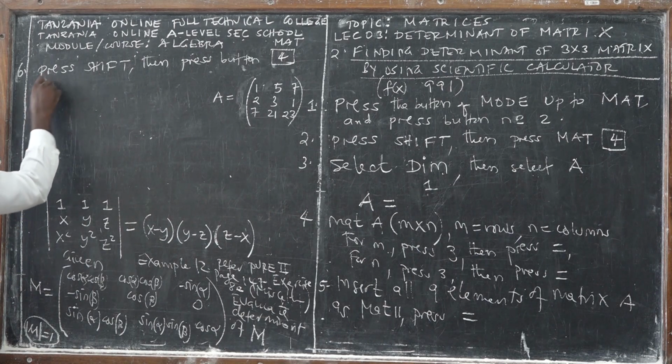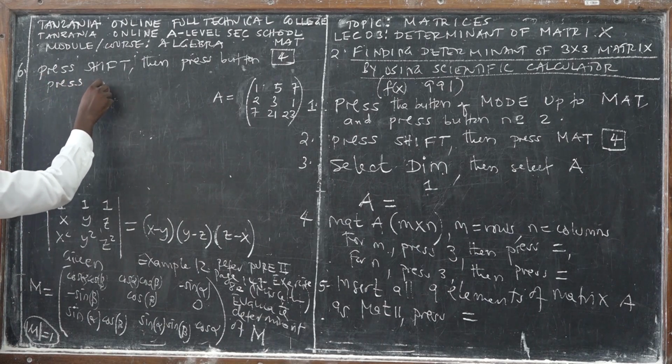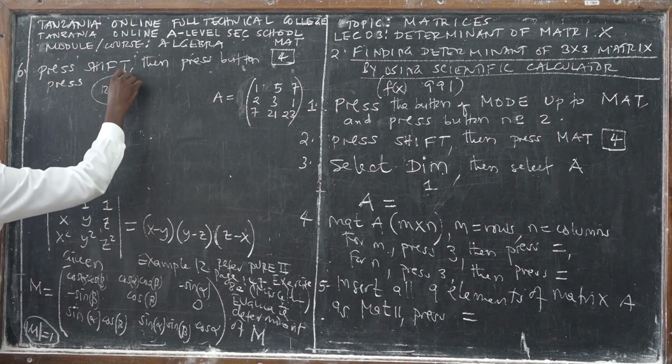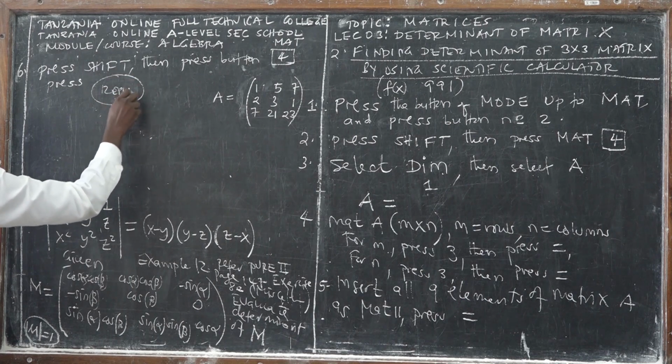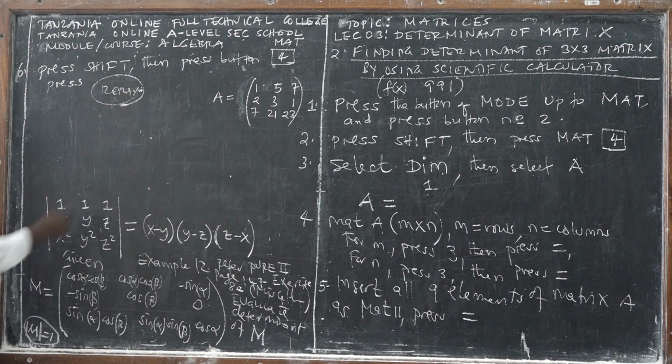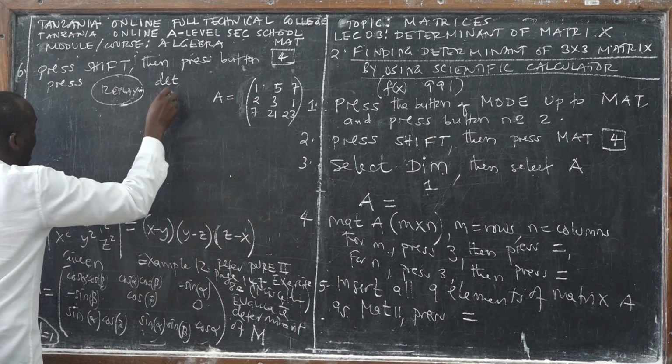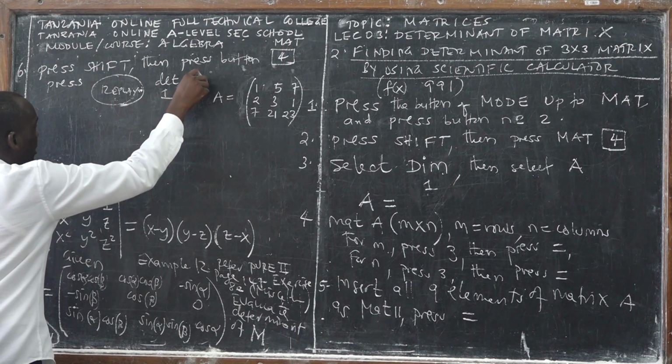Then press the replay button, the biggest button, and press this side, the right-hand side of the replay button. What do you see? Data. So you'll see Data, number 1, and the other one is what?